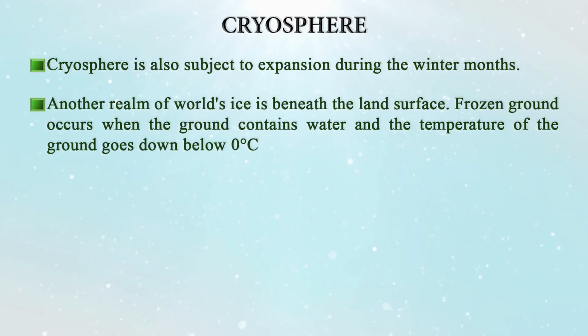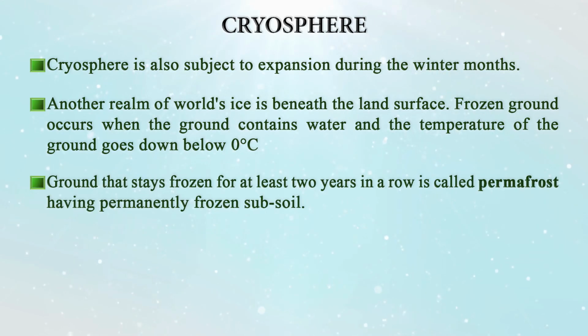Another realm of the world's ice is beneath the land surface. That is, frozen ground occurs when the ground contains water and the temperature of the ground goes below 0 degree centigrade. You should know that ground that remains frozen for at least 2 years in a row is called permafrost, which has permanently frozen subsoil.